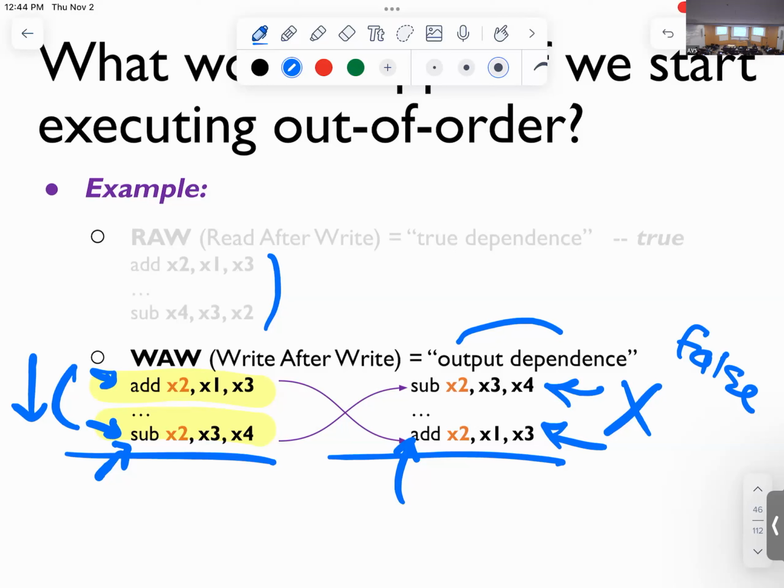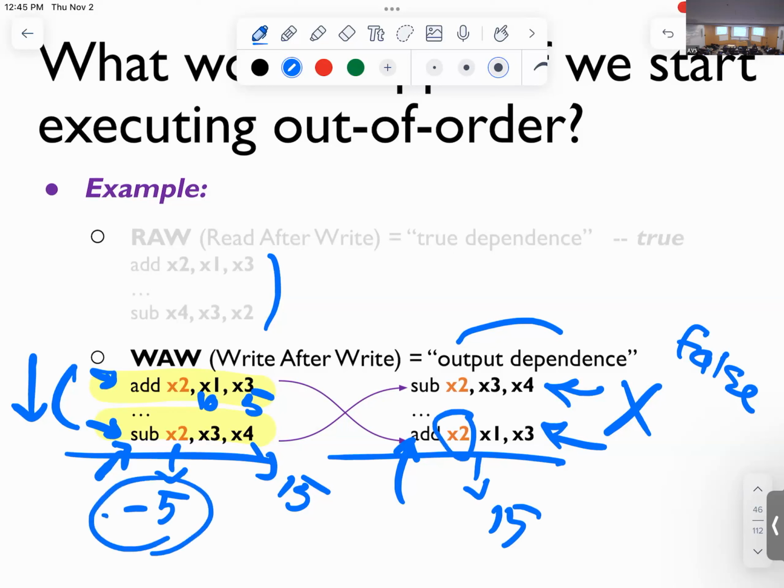For example, if this one is 10 and this one is 5, and x4 is another number, 15, then if I add them, x2 would be 15, and then I will do 15 minus 10, so at the end this would be equal to -5, right? But here it would be equal to 15, because x1 and x3 are 10 and 5. So if you look at the value of x2, in this case it is -5, in this case it is 15. So of course the ordering matters.